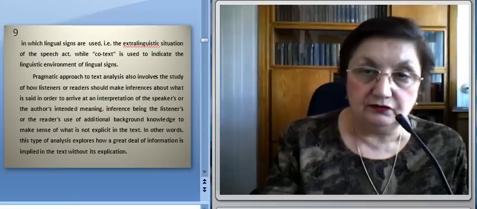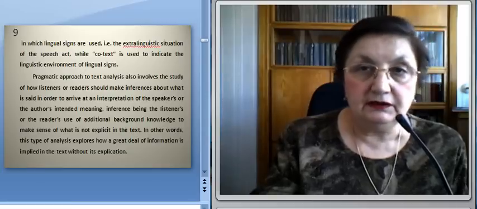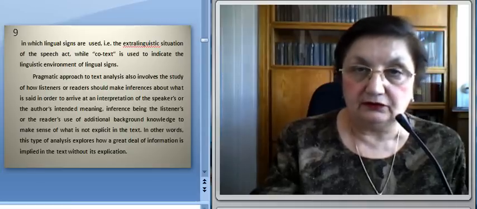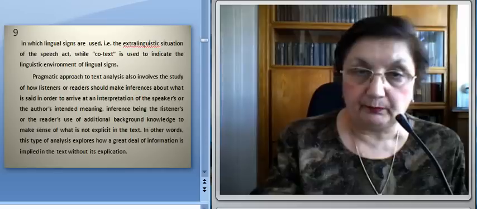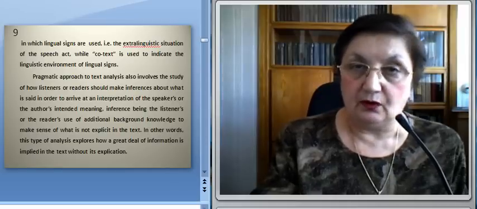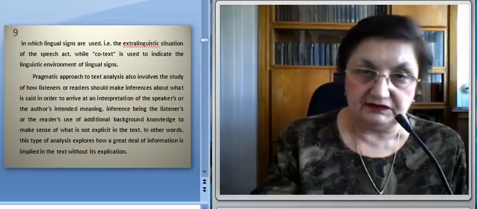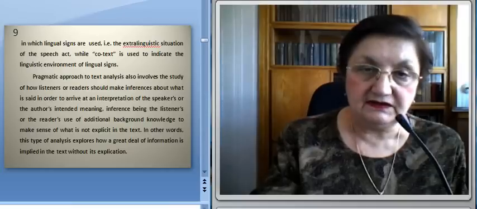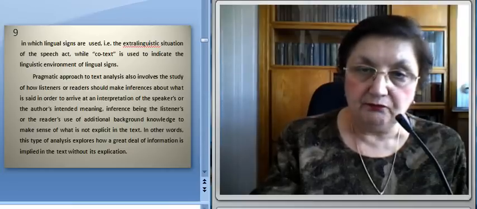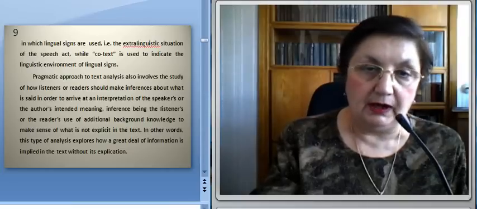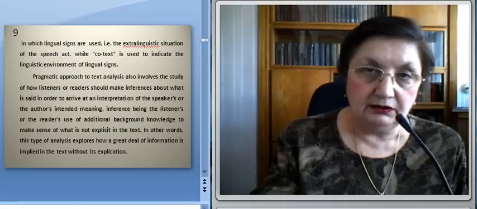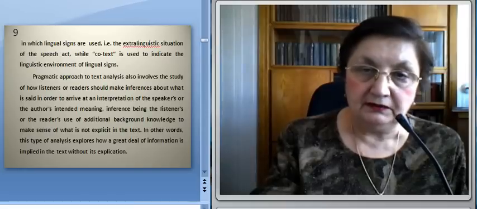Pragmatic approach to text analysis also involves the study of how listeners or readers make inferences about what is said in order to arrive at an interpretation of the speaker's or the writer's intended meaning.